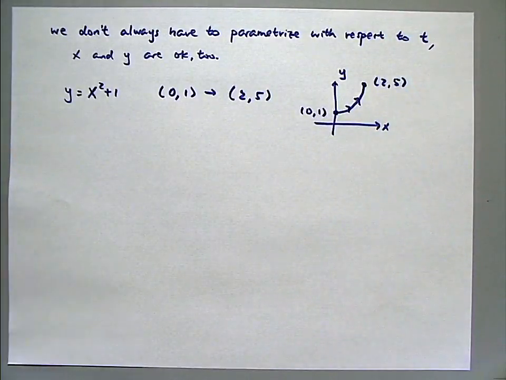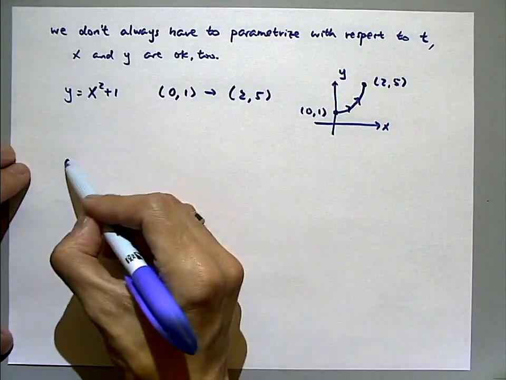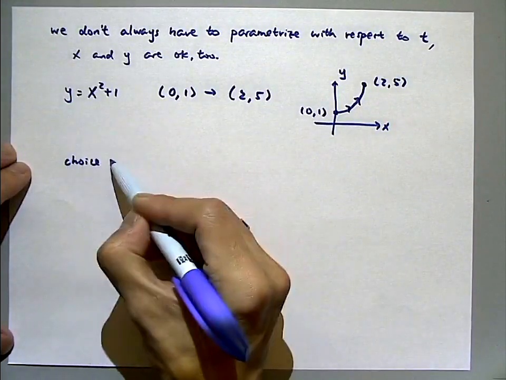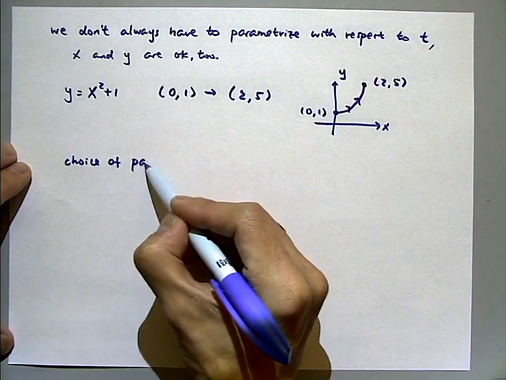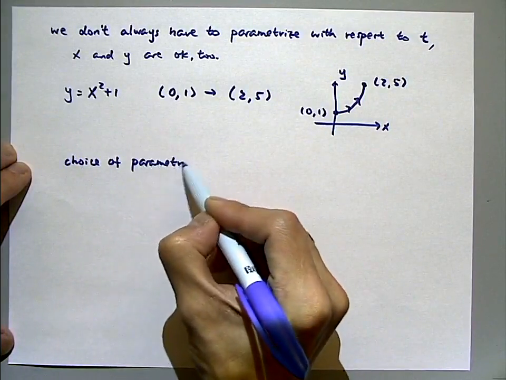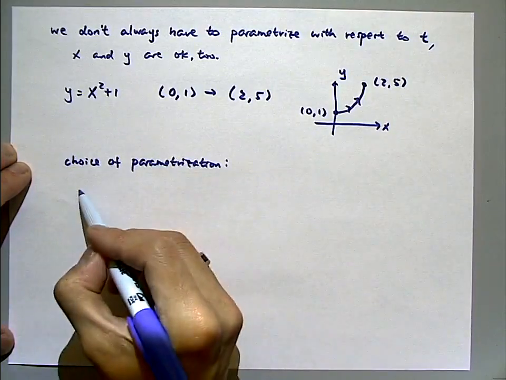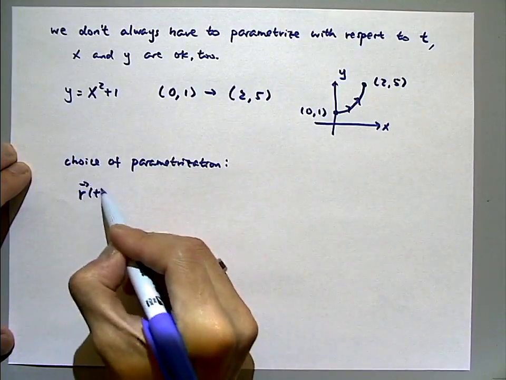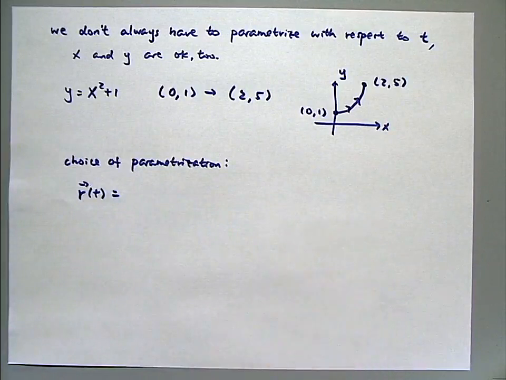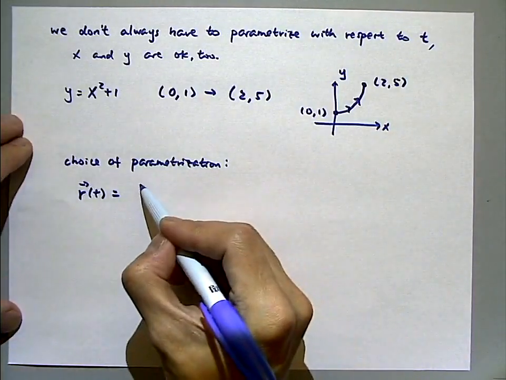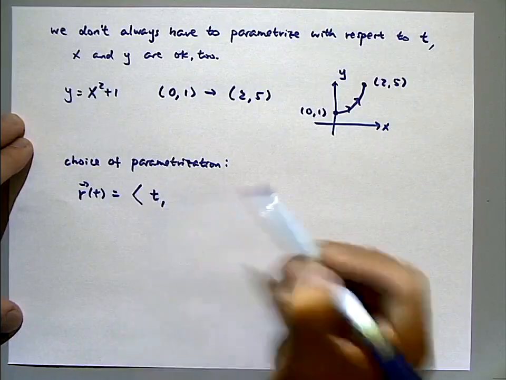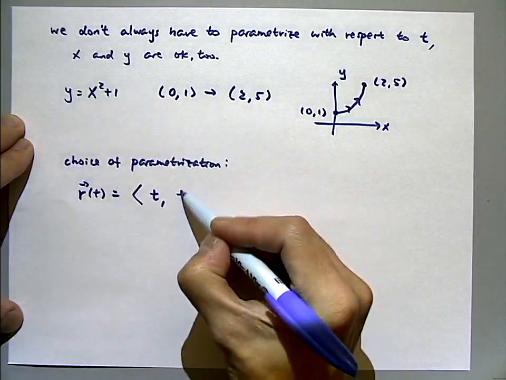And here are some of the choices we could use. The first one is to deal with t, right? The first one is to say x is equal to t and y is t squared plus 1.